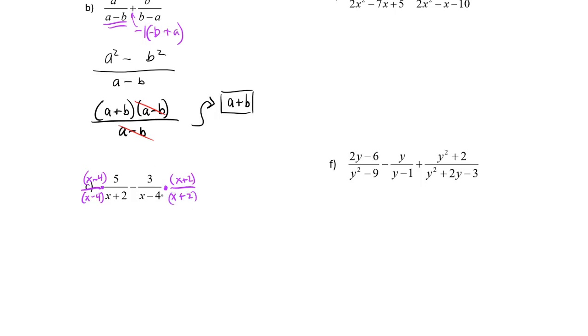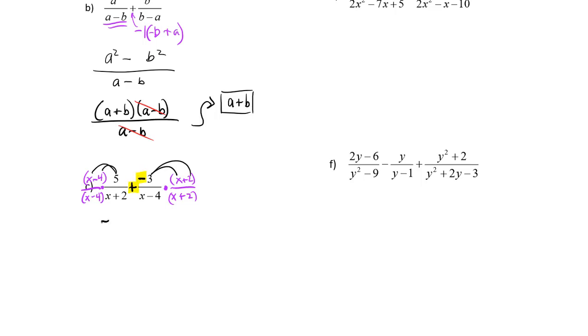When I do that, I get 5 distributed and 3 distributed, and we could think of this as a minus 3 if we went like this. If we added instead of subtracted and brought the negative up, then it would make it one less step. So we'll go ahead and do that.